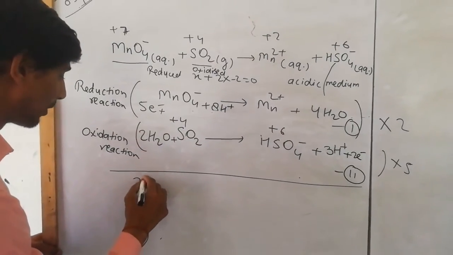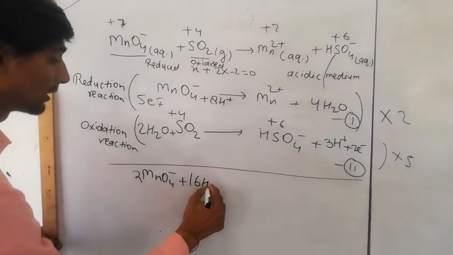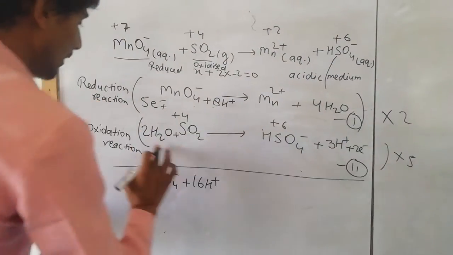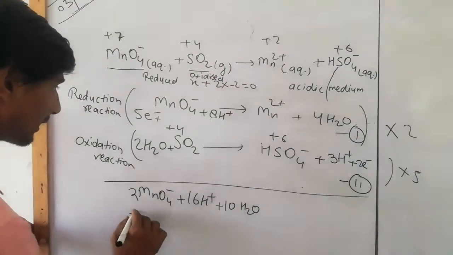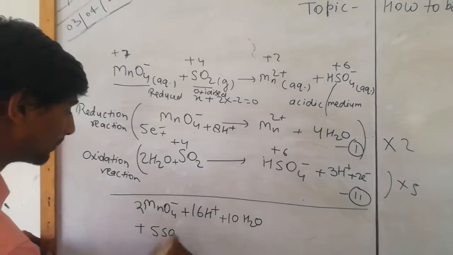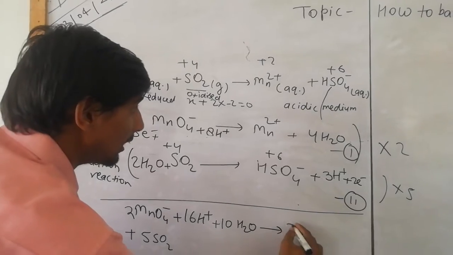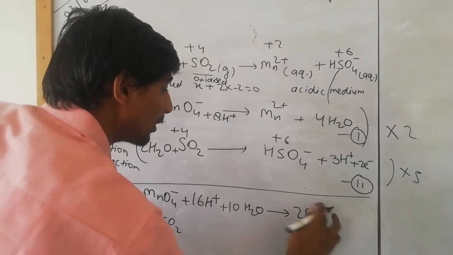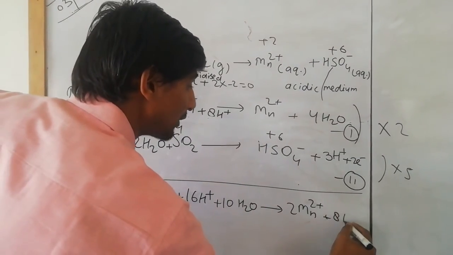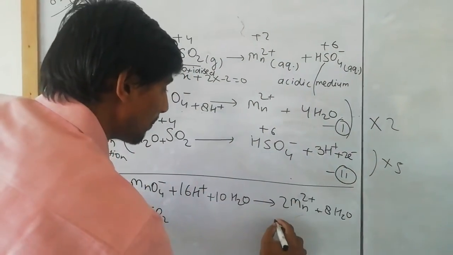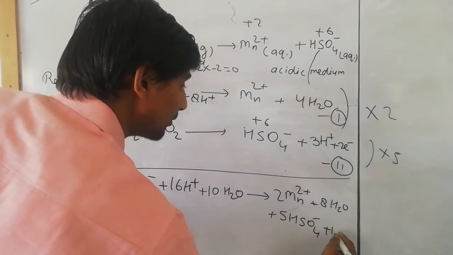There is 2 MnO4 minus plus 16H plus plus 10H2O plus 5SO2. The electrons cancel out each other. Here 2Mn2 plus plus 8H2O plus 5HSO4 minus plus 15H plus.